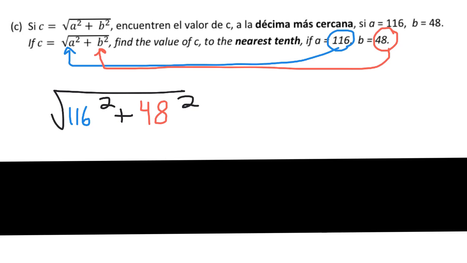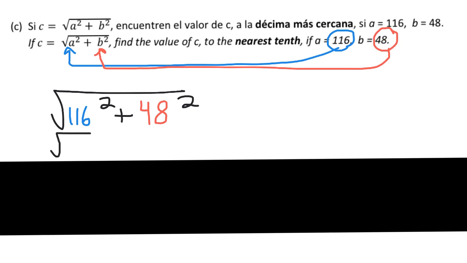So 116 squared. Oh my goodness, that's a big number. 116 squared. Exponents come before addition. That's why I'm doing the 116 squared first and the 48 squared first. 116 times 116. Big number.